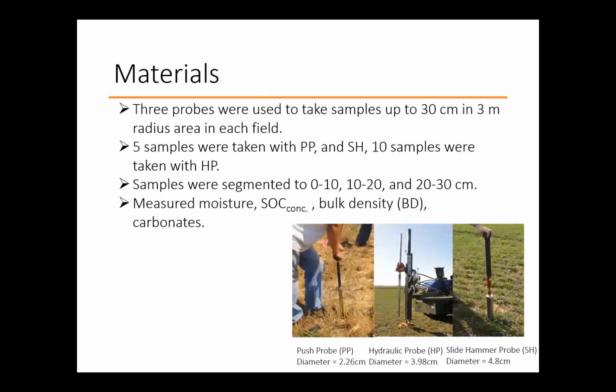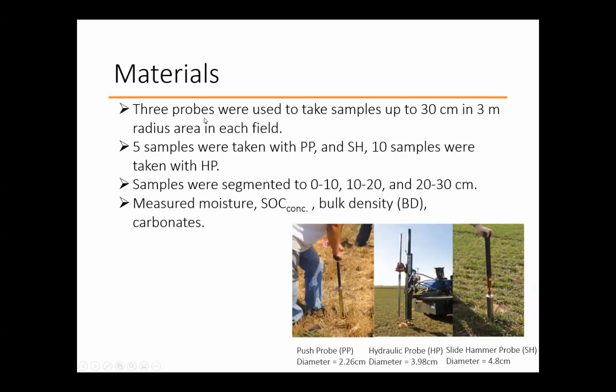We used 3 probes to collect samples. The first one was a push probe with a cutting edge diameter of 2.26 centimeters. The other one was a hydraulic probe, about 4 centimeter diameter. And the third one was a slide hammer probe, about 4.8 or 5 centimeter diameter.